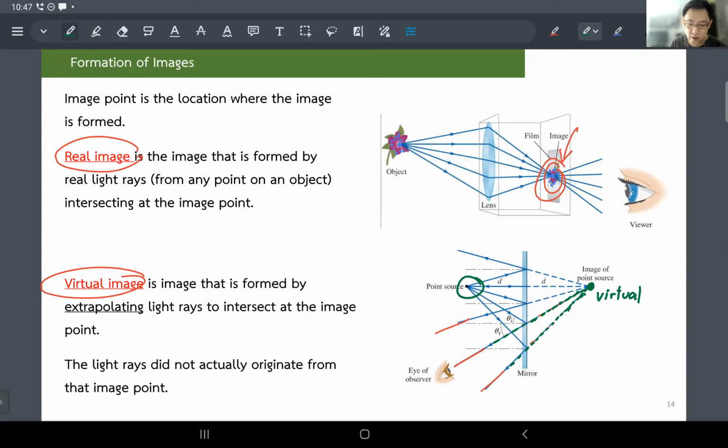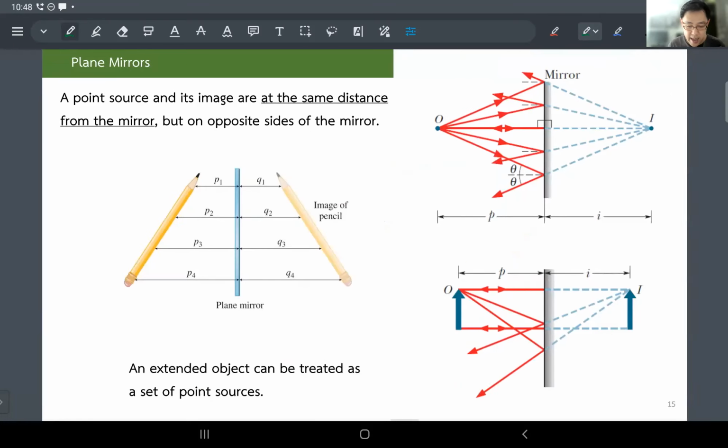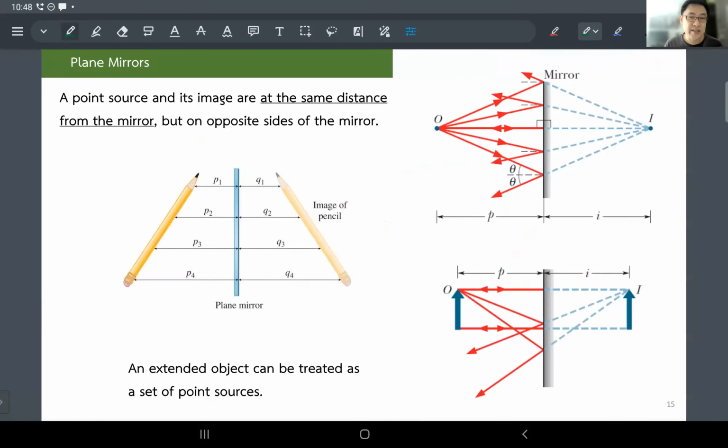Cool. All right. So once we have classified two types of images here, now we're going to look at a very simple way of analyzing the position of the image formation, because we want to know where your image is. The image is very easy to calculate in the plane mirror.